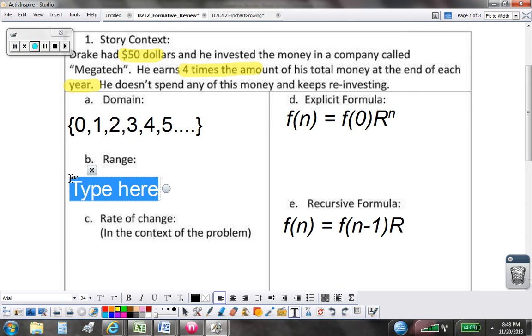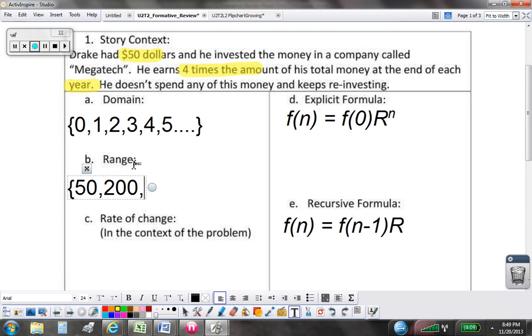So I'm gonna go ahead and set that up. In the beginning, if no years has passed, he has the $50 to begin with. After 1 year, what's going to happen? He earns 4 times the amount. So 4 times 50 will give you 200.